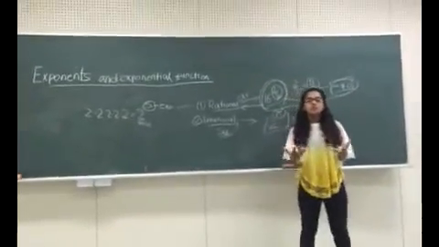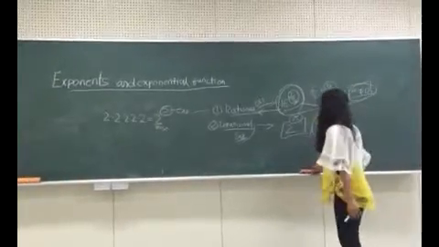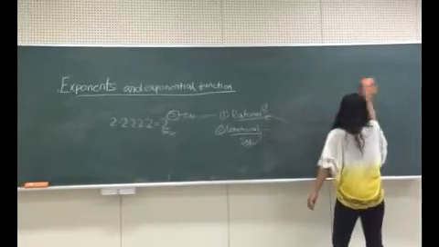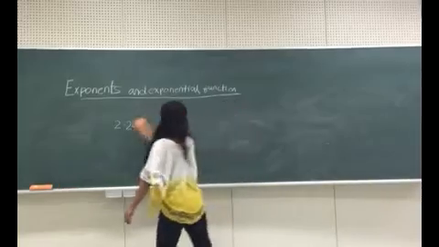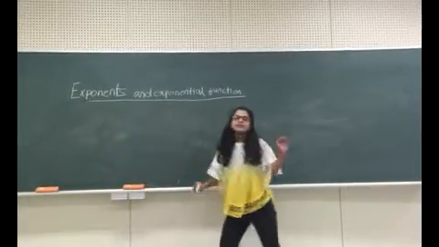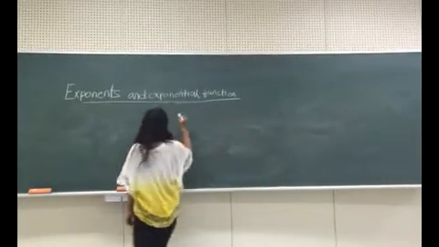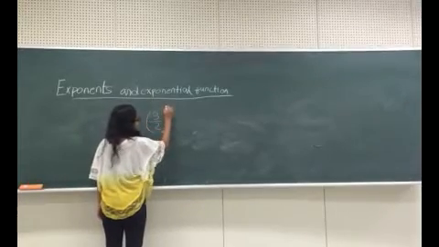Now, let's move to the second part, which is the rules of the exponents. Okay, so let me write some numbers and then explain you the rule. For example, let's take 3 by 2 whole to the power cube.